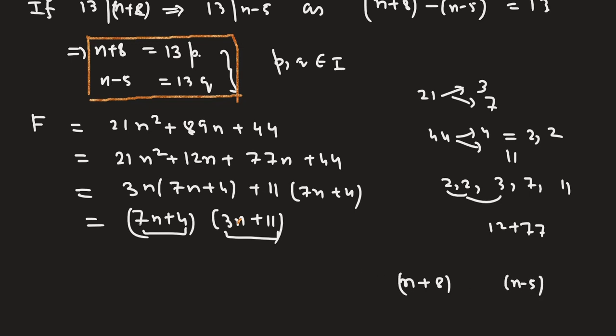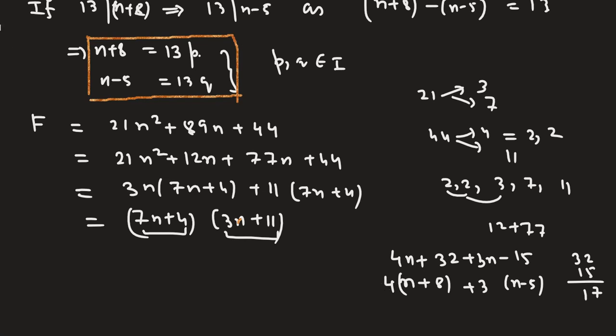Here I have to bring 7. If I consider 4, it will be 4n then 32, and if it is 3 then it is 3n and minus 15. So 32 minus 15 is not 11, 4 is not coming.